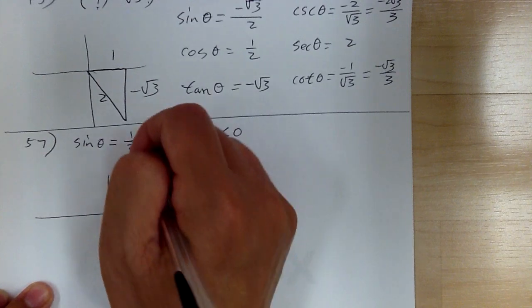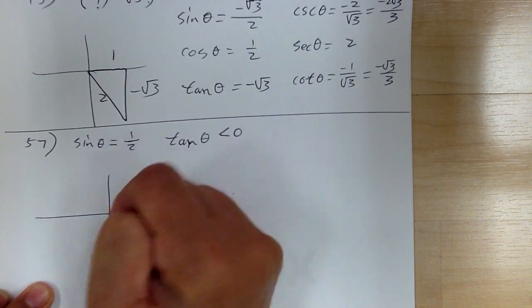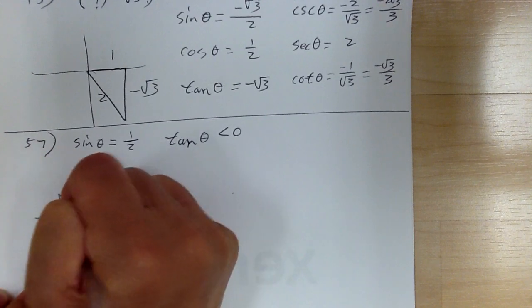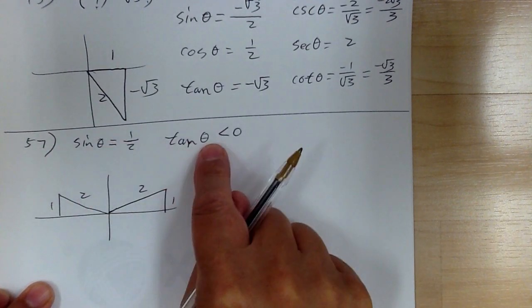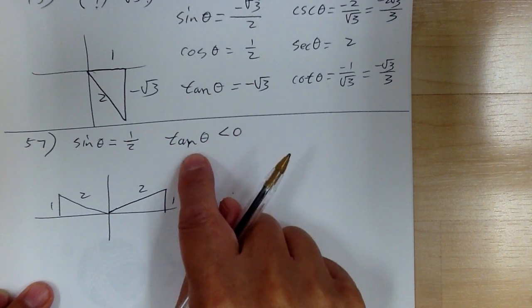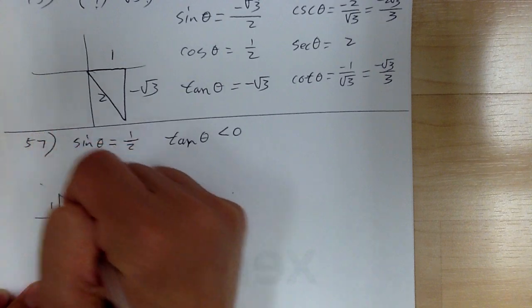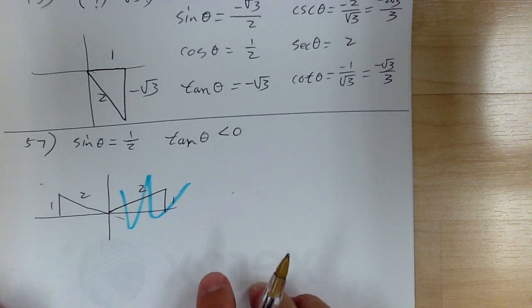Sine is vertical and it's 1 over 2, so it could be over here or right over here. There are two possibilities using this one. The next one is tangent. Tangent is a slope. The slope is less than 0, which means the slope is negative, so it'd be this one. So this one is no good. Okay, so this is the one.